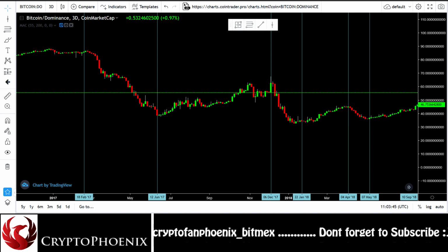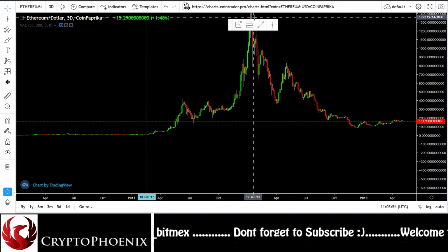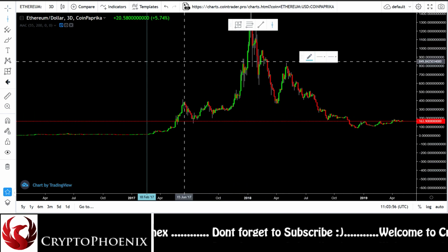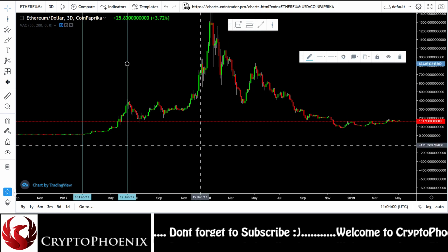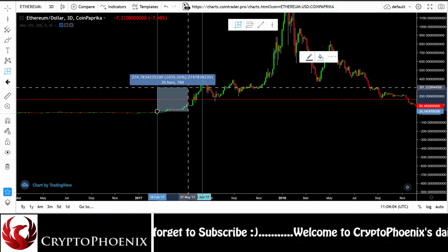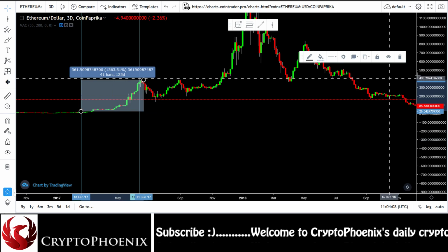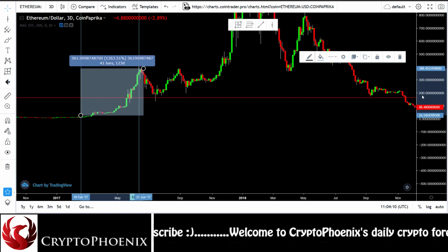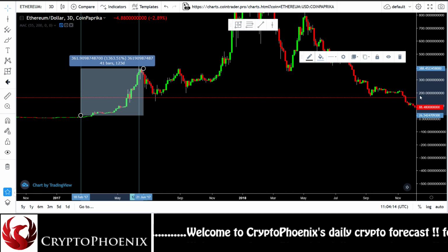So let's check out what the price action of Ethereum has been. 12th June, pretty much this point. Yeah, so isn't that fantastic, guys? Look at this. It's a massive gain, like 13 times, without knowing any technical analysis or Elliott wave or Fibonacci, any sort of thing.